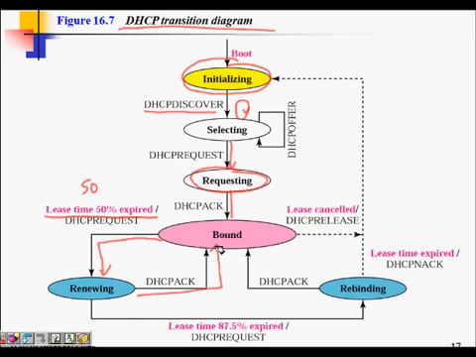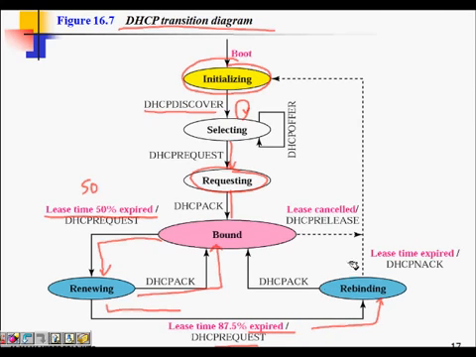If I get an ACK, I again go to the bound state. But if he sends me a NACK, then at 87.5% of the time the DHCP request has expired, so I will be in the rebinding state.